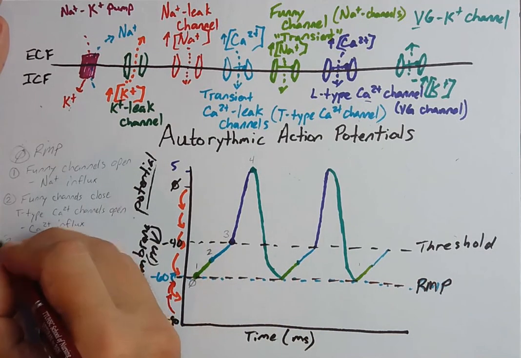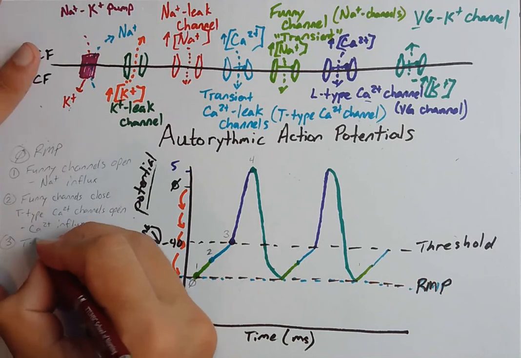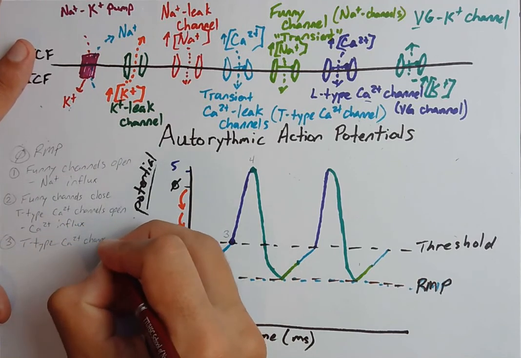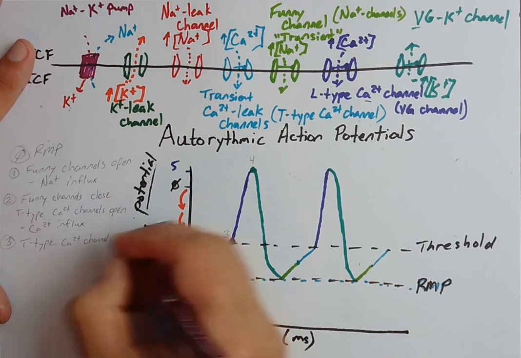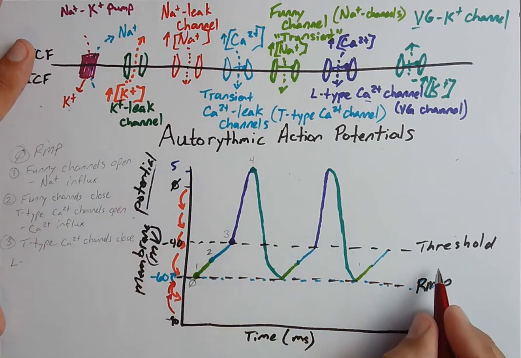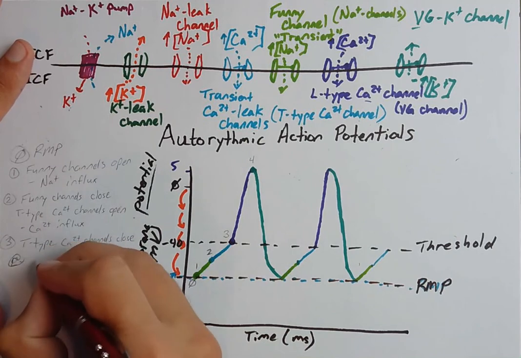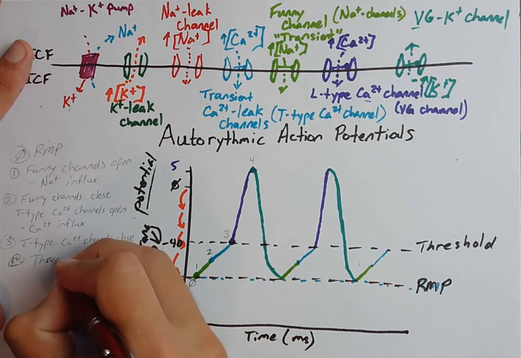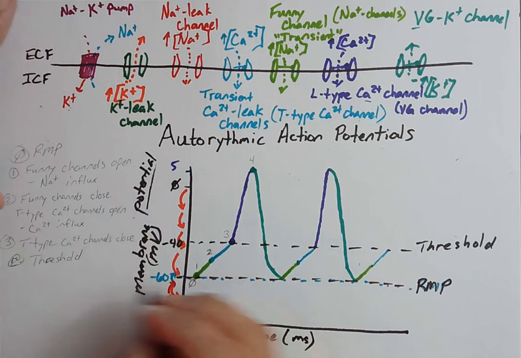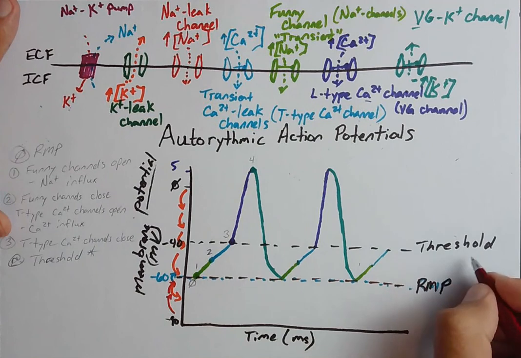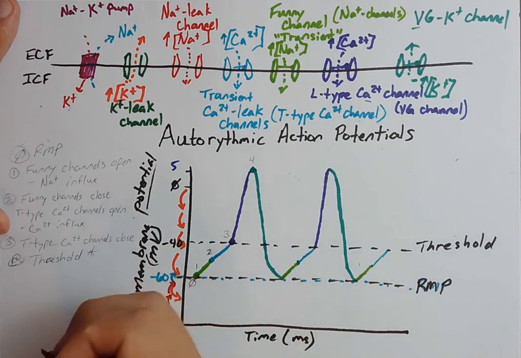At step 3, well, the T-type calcium channels close. And the L-type calcium channels are reached, right? Because at this point, we're actually at, let's write that in, threshold. We're at threshold. Pretty darn important here, because at threshold, what opens? A voltage-gated channel.